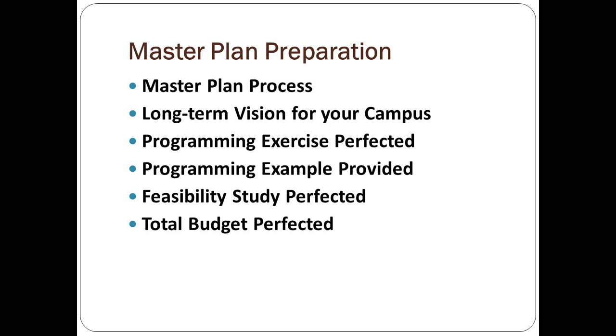You want to get your total budget perfected. Why is this important? So that you don't leave any part, person, or cost out of it. We've given you a tool to help you generically, preliminarily budget with items that go underneath each part of your budget.